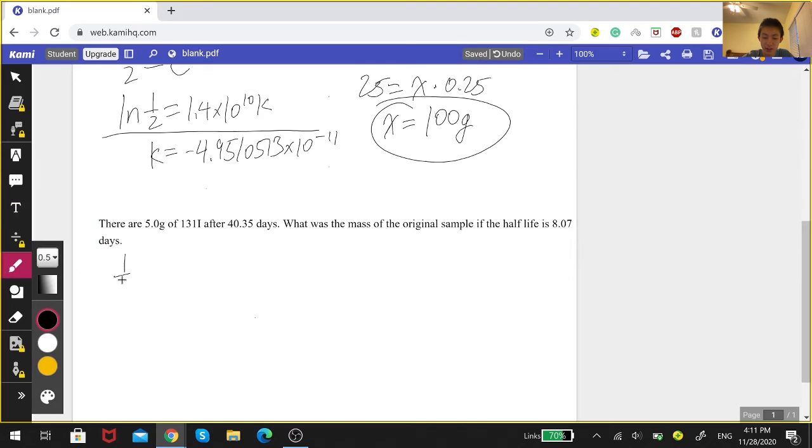First we define k using the original half-life, but we're not sure what the original is, so we substitute it with x, and x gets cancelled, so we don't really need x. 1/2 is equal to e to the 8.07, which is time, times k.